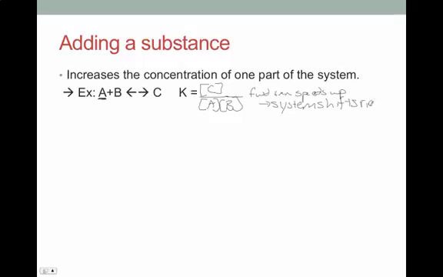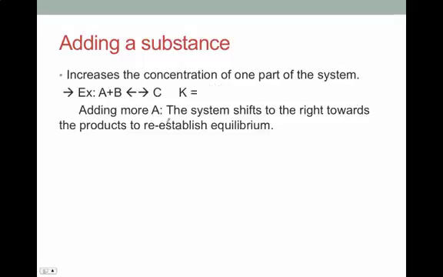And by shifting to the right, I will increase the value of C, decrease the value of B. And A will be actually a little bit larger than it was to begin with, but it'll be smaller than when you initially added that extra amount of A. So by adding more A, the system shifts to the right towards the products to reestablish equilibrium.